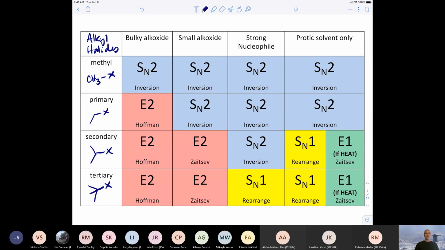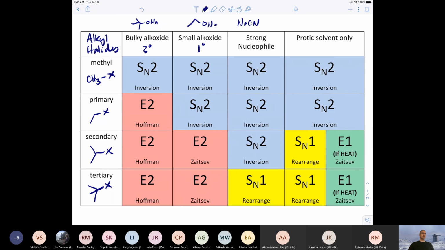The 4 sets of conditions that we talked about in this course were bulky alkoxides, which would be things like that. A small alkoxide: bulkies are tertiary, smalls are primary, ONa. A strong nucleophile would be basically any other negatively charged nucleophile, like NaCN.